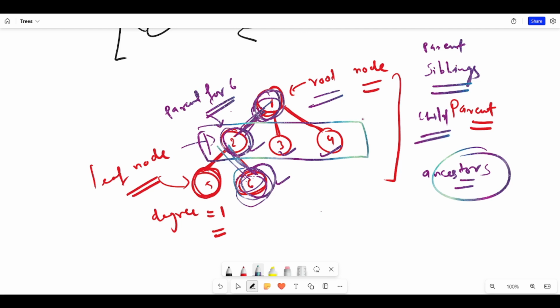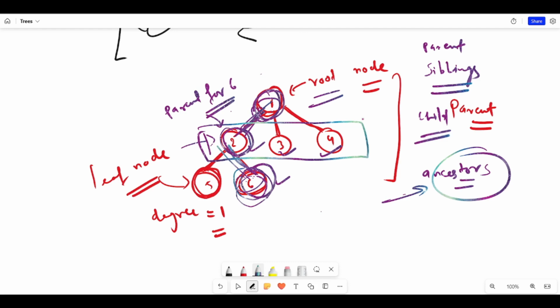So all of these nodes are ancestors for node number 6. Node number 6 is also an ancestor of node number 6, as well as node number 2 and node number 1. Okay, so the definition is simple. All of the nodes which are present along the path from a node all the way top to the root represent the ancestors of that node.